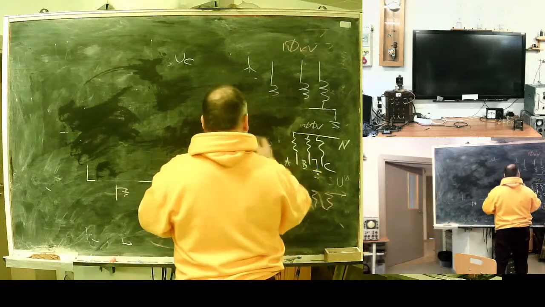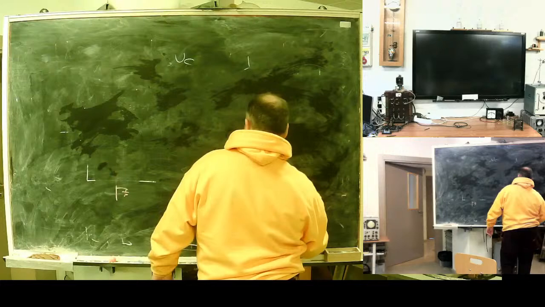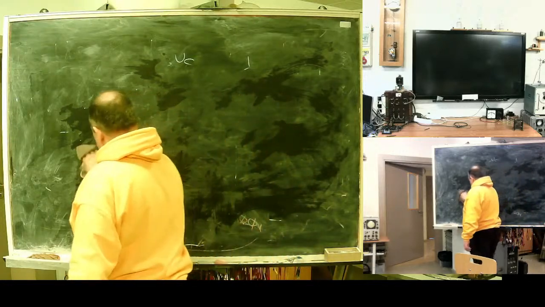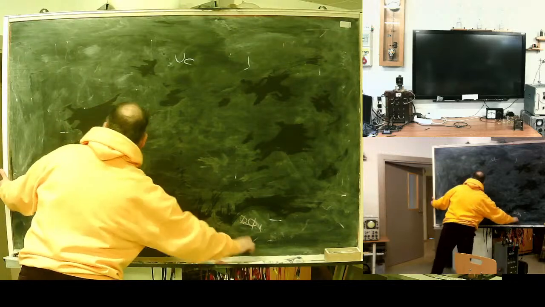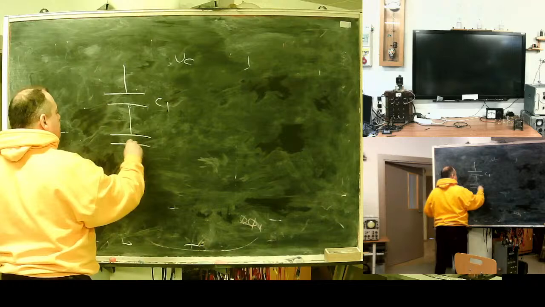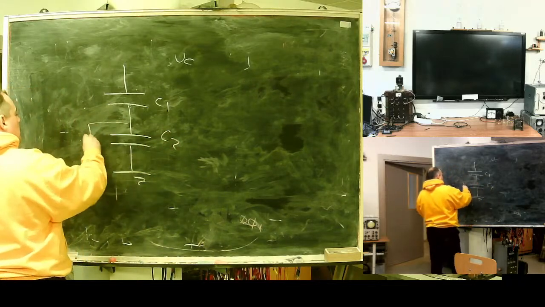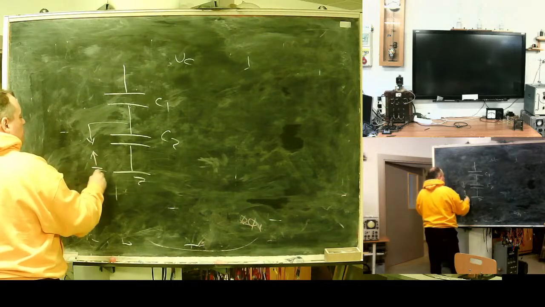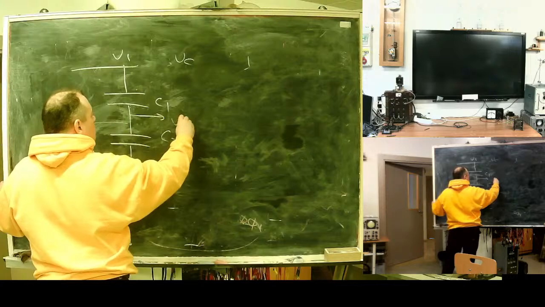One second, I will draw it. Idea of the divider: C1, C2, ground, discharge, 1 or 2.